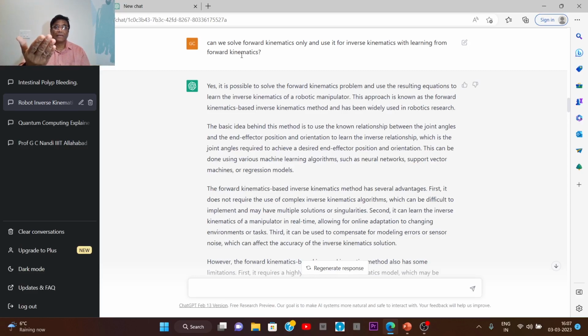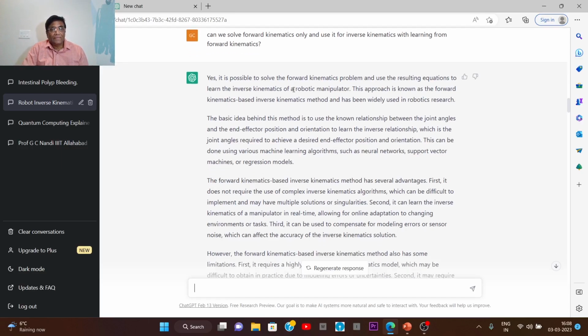If a mosquito is biting on my nose tip and my hand goes there, this is the inverse kinematics problem in robotics. My hand has to go there, and in which way should it go, like this or like that? So many solutions are there. This is nonlinearity, because nonlinear equations are there, so many solutions are there.